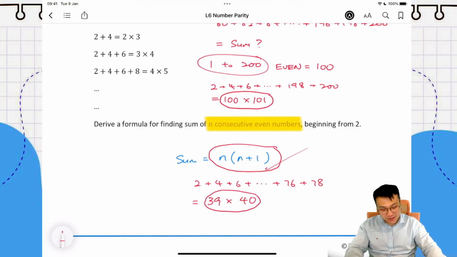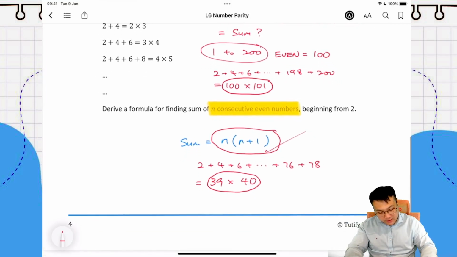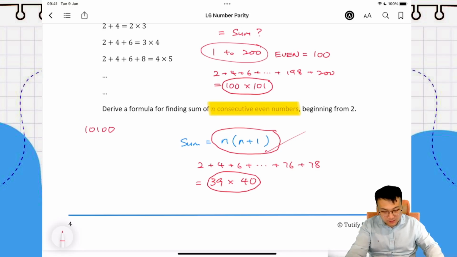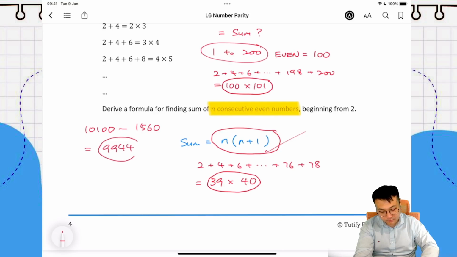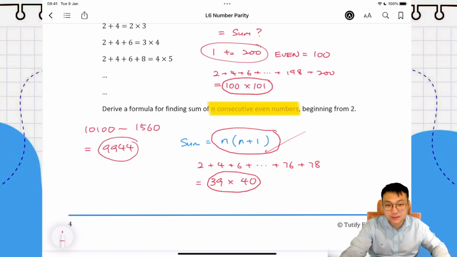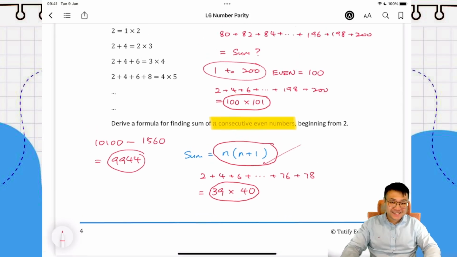Okay, good job, Lian. So, students, let's find out what's the correct answer. 100 times 101. We'll get this. 39 times 40 will give us 1560. Therefore, the final answer is 8550.